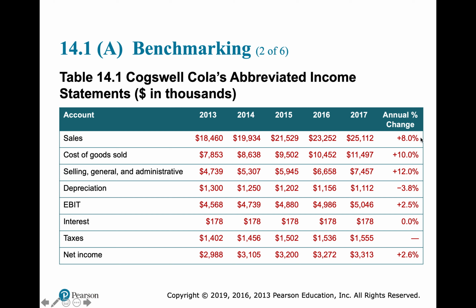While my revenue stream has increased at an average annual rate of 8%, my cost of goods sold is outpacing that revenue stream by 2 additional percent. My selling, general, and administrative expenses are outpacing my sales by an additional two, so at 4%.